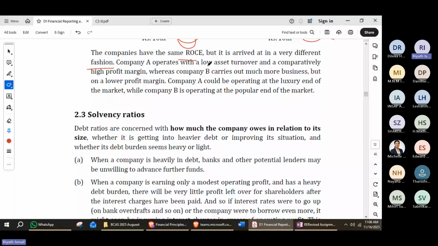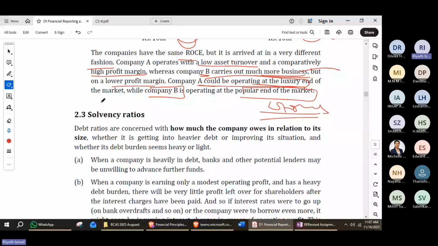Company A operates with low asset turnover and comparatively high profit margin, whereas company B carries out much more business but with low profit margin. This means their sales volume is high. Company A could be operating at the luxury end, with luxury items, while company B is operating for the popular, mass-market customer, like popular grocery shops.